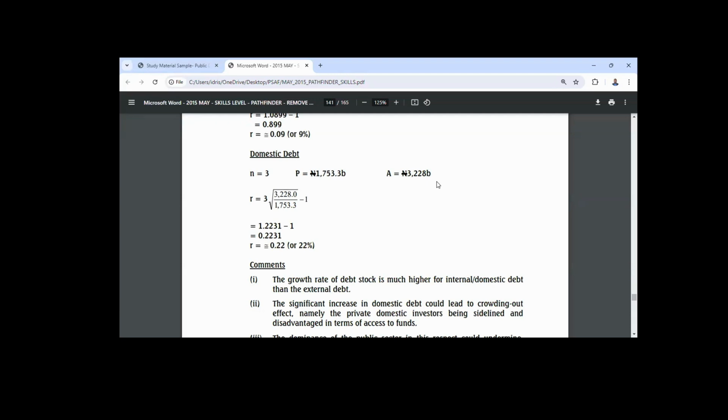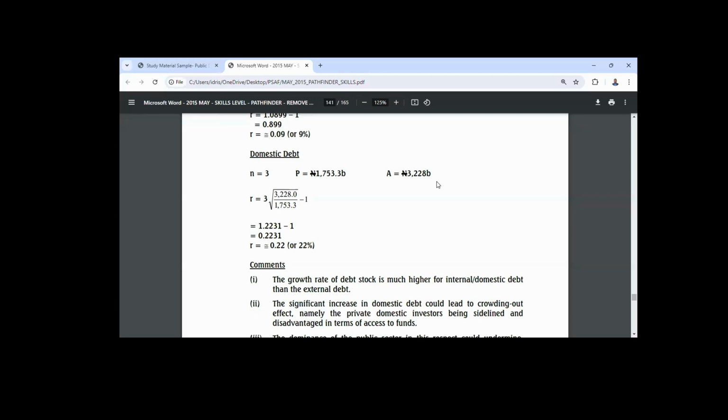The reason for the increase is a significant increase in the internal debt from 2011 to 2014, which may lead to what? Crowding out effect.